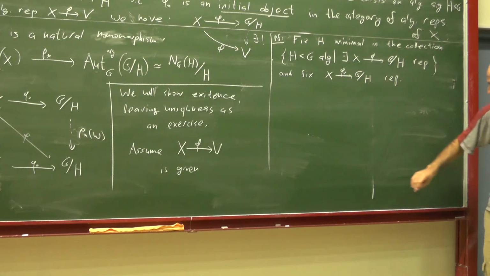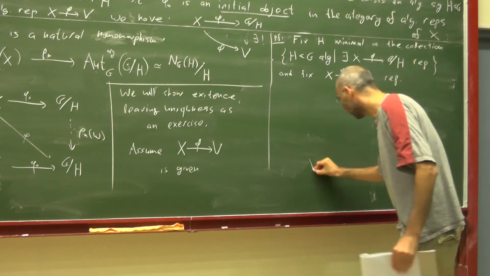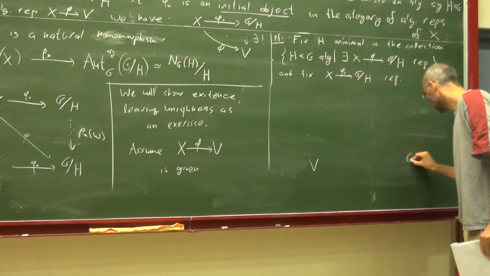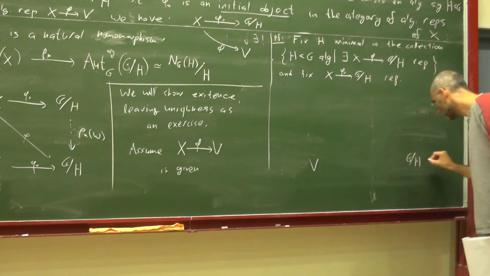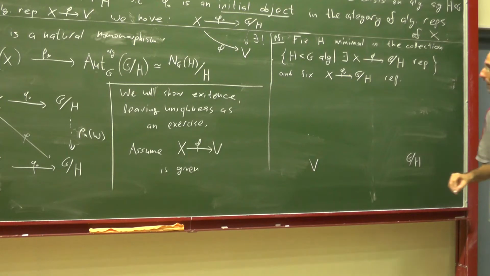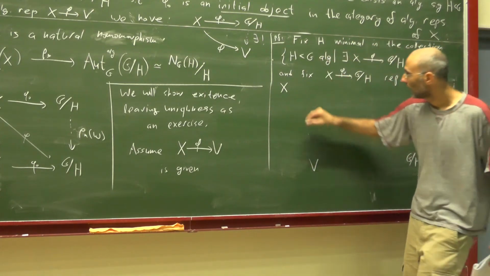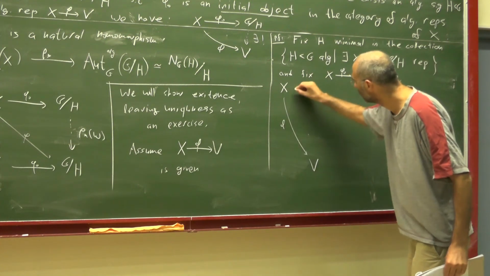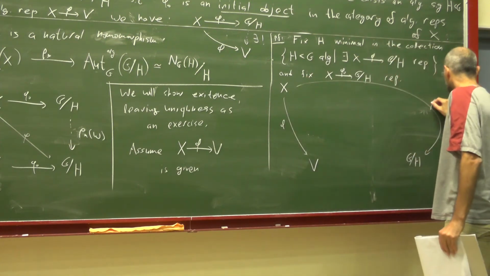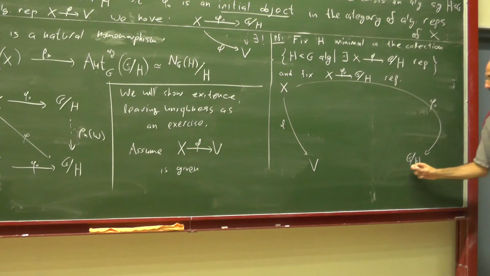We have a not very rich toolbox. I will use the same tricks over and over again. I'm having V here, I'm having G mod H there, I'm having X here in the corner in the far left, and I'm having this phi and this phi naught. And I want to connect.